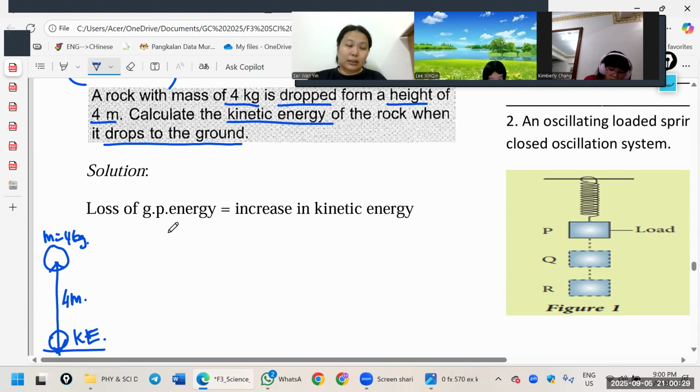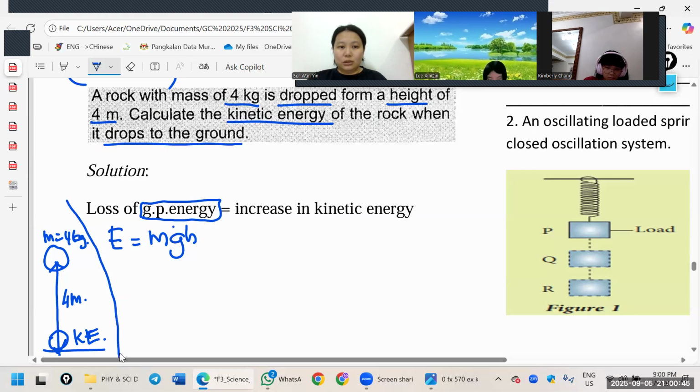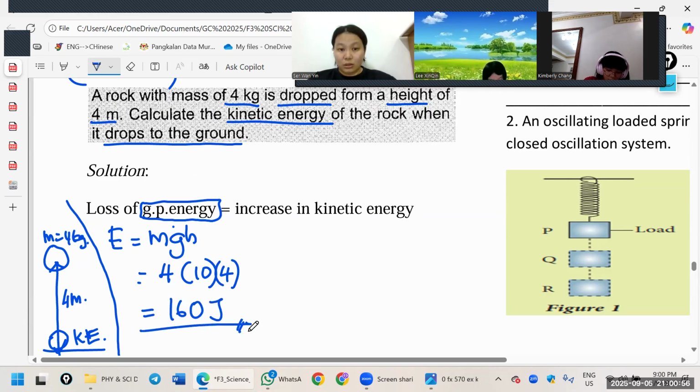So we count first. In the beginning it is gravitational potential energy, which is mgh. E equals mgh, so E equals 4 times 10 times 4. You will get 160 joules. What kind of energy is it? Gravitational. Yes.